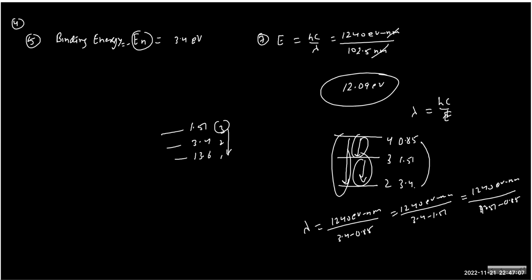Understood the idea? How to solve this? Yes, sir. The number of wavelengths will be 3, and for every wavelength you can find the answer by taking the energy difference and putting it into the formula lambda equals hc by E. Tell me if you're getting the answer, yes or no. Answer matching, guys, tell me.